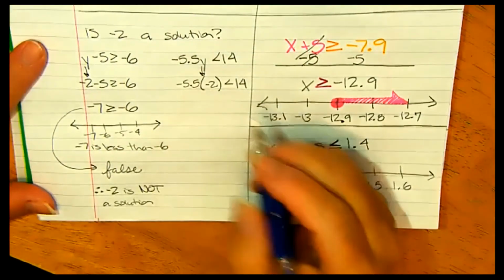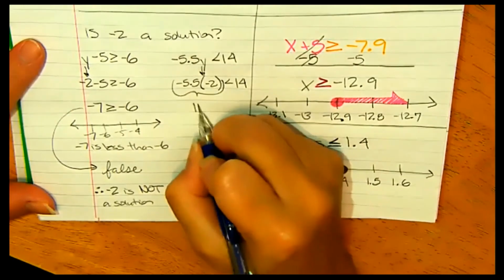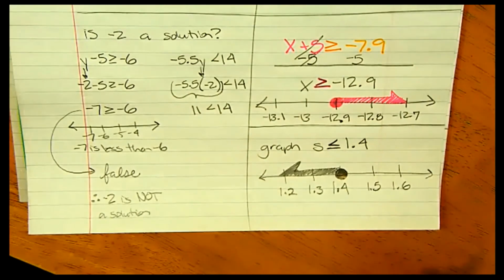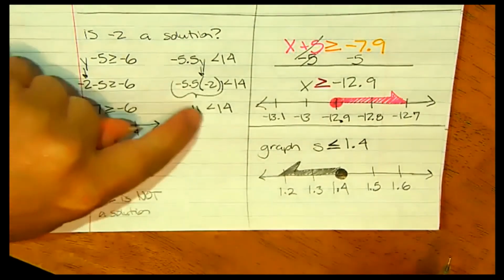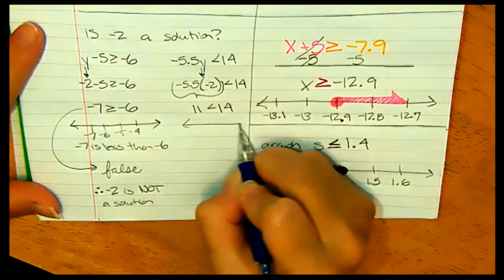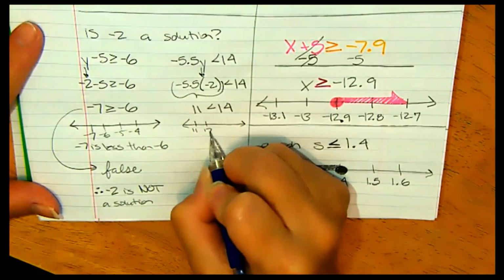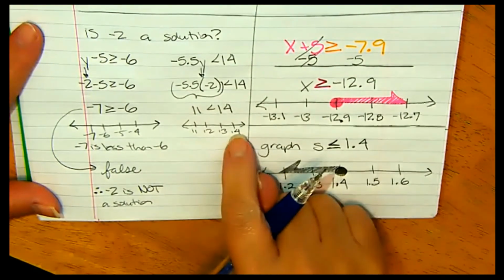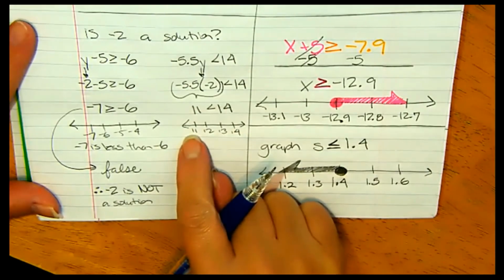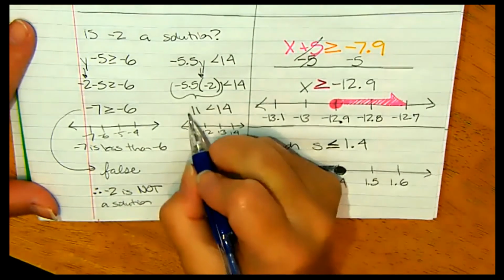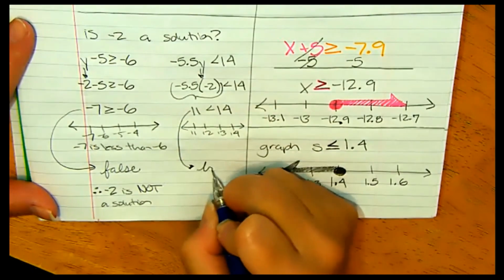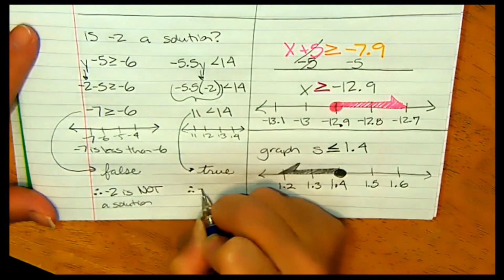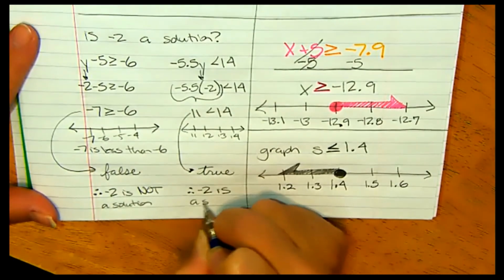Negative 5.5 times negative 2 is positive 11. And everything else comes down. Oh, would you look at that? 11 is less than 14. 11, 12, 13, 14. 11 is to the left of 14. Therefore, it is less than 14. That means this is a true statement. Therefore, negative 2 is a solution.